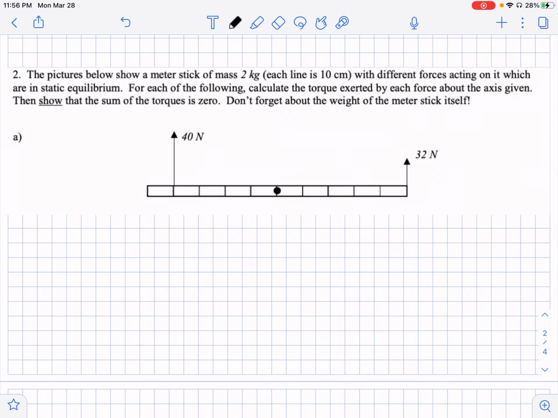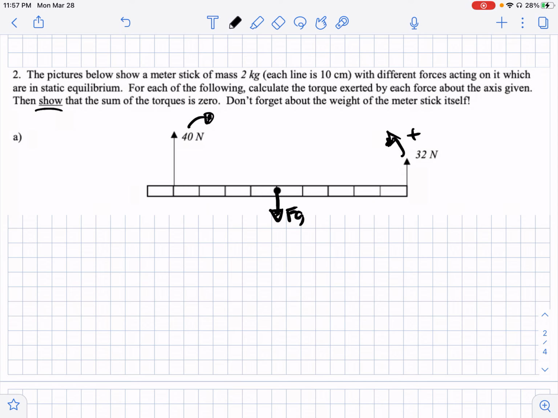Now for this one, we know those two forces here. And what we're going to do for each of these is show that the sum of the torques is equal to 0. In other words, we're in that rotational static equilibrium. So let's look at this. We have an Fg down. Again, it's going to be at the axis of rotation, so that's not going to cause any torque. So we just have the 2. This one would cause it to rotate counterclockwise. This one would cause it clockwise.